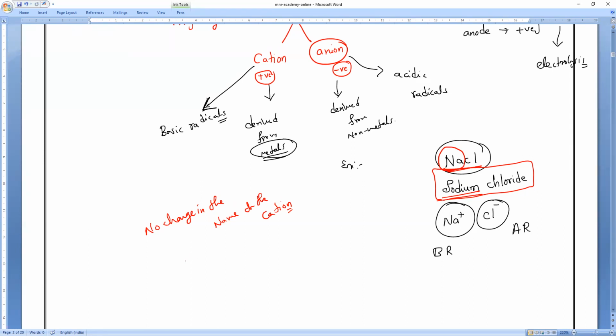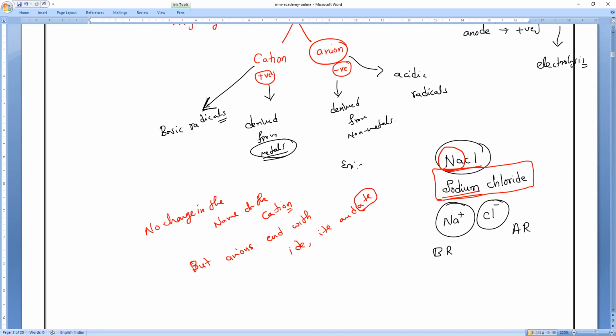But remember, anions will never come with the exact name. They will end with either ide, ite, or ate. Only three.